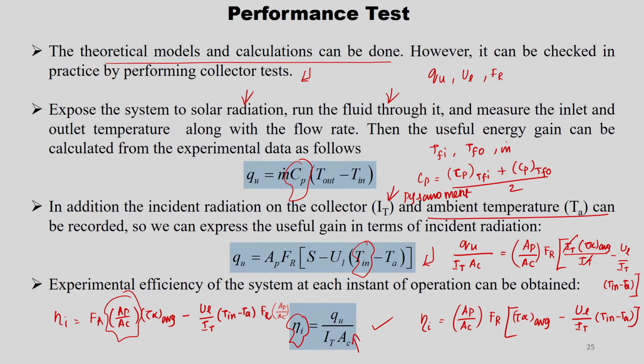So, if both areas are same, then what you would get is eta_i is nothing but F_R (tau alpha)_average minus U_L F_R into (T_i minus T_a) upon I_T.